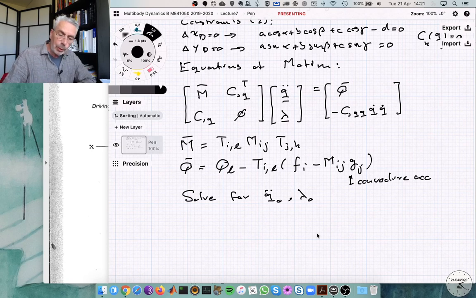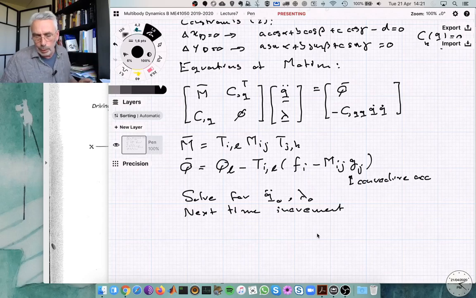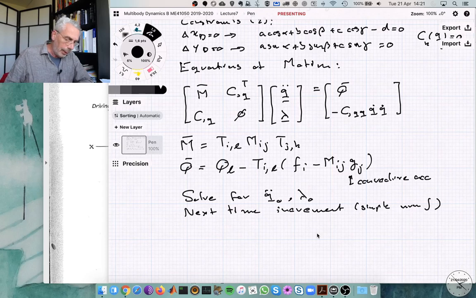Now given those, then in the next time increment, meaning you use some numerical integration scheme, and it doesn't matter what. Let's say we do a very simple numerical integration here for now.